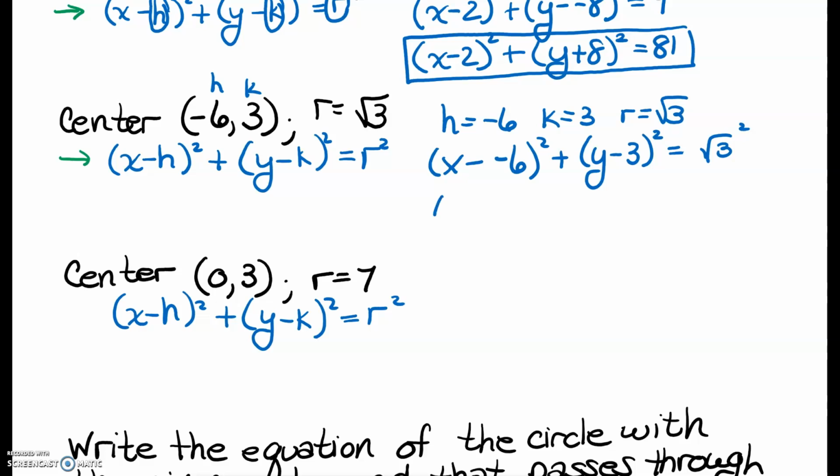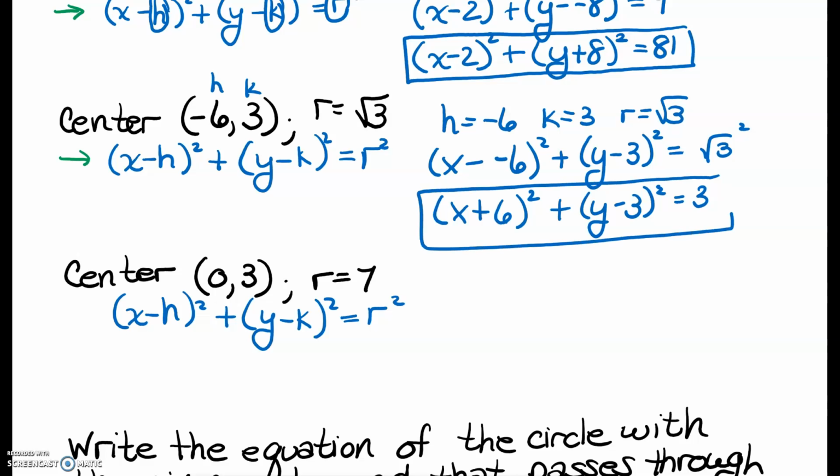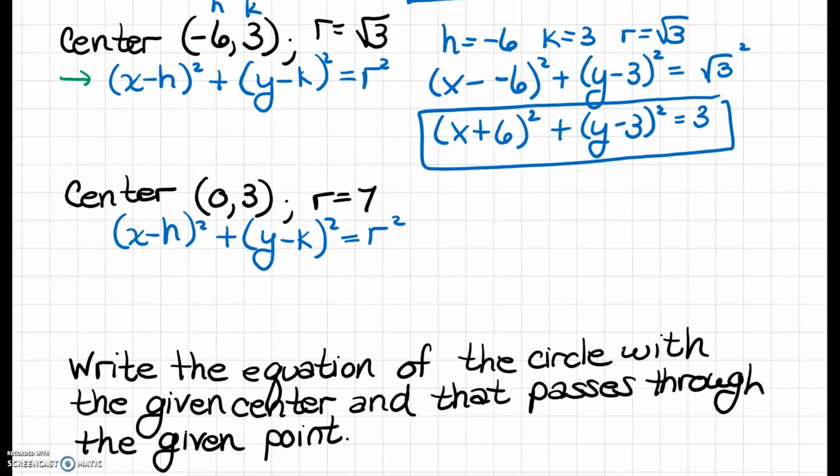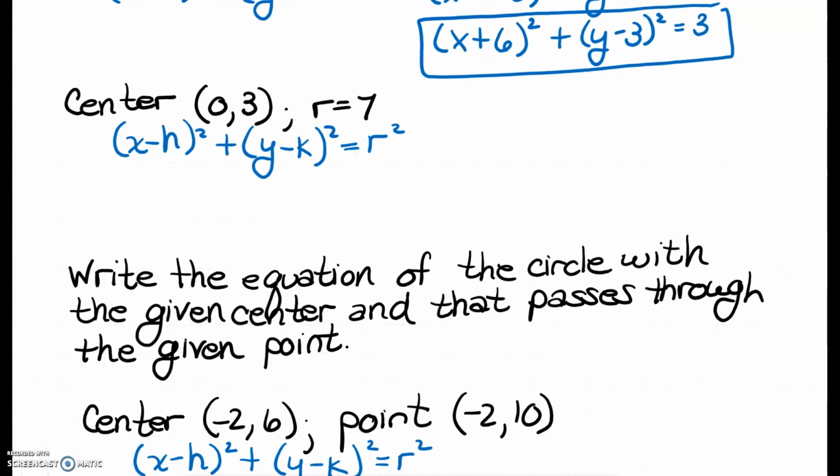So I'm going to get rid of my double signs again. Minus a minus is a plus. (y - 3)². And when I square a square root, I just get what's underneath it. And there's my equation.